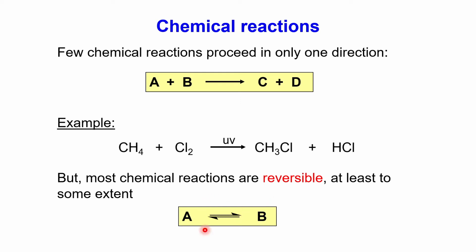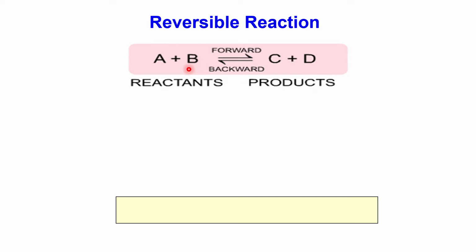So this sign refers to a reversible reaction, meaning after A produces B, B will decompose to produce A. So when A and B react, A and B are the reactants. Then it will go forward to produce C and D, so we call C and D the products.